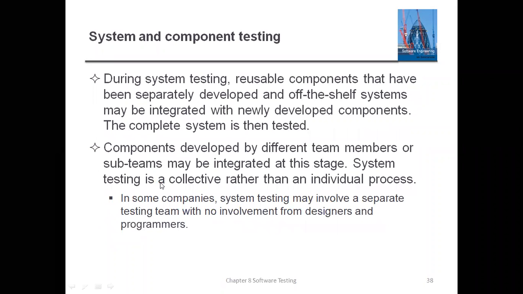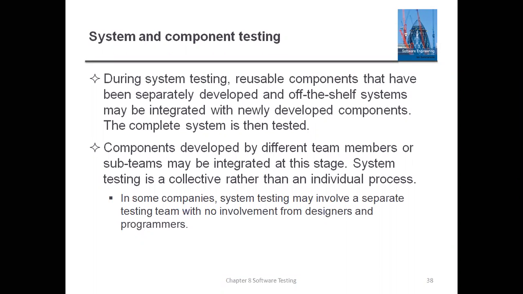Now, what is the meaning of system and component testing if merged together? In system testing, we are reusing the components which have already been developed. If any newly developed components are there, then we have to go for component testing individually, and then add or merge them into the system testing.